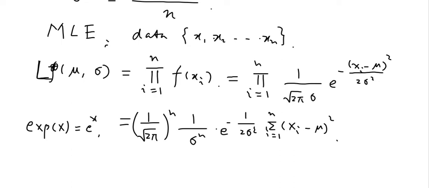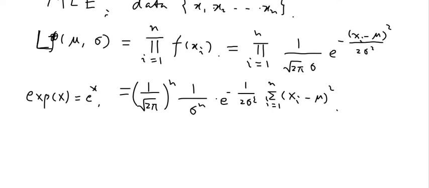Here x1, x2, ..., xn are given data, so they are fixed numbers. The only unknown variables are mu and sigma. So this is the likelihood function, and we need to find the mu and sigma that maximize this product.